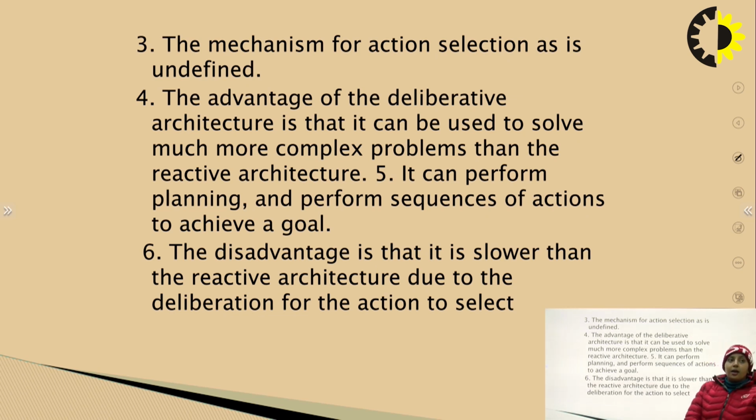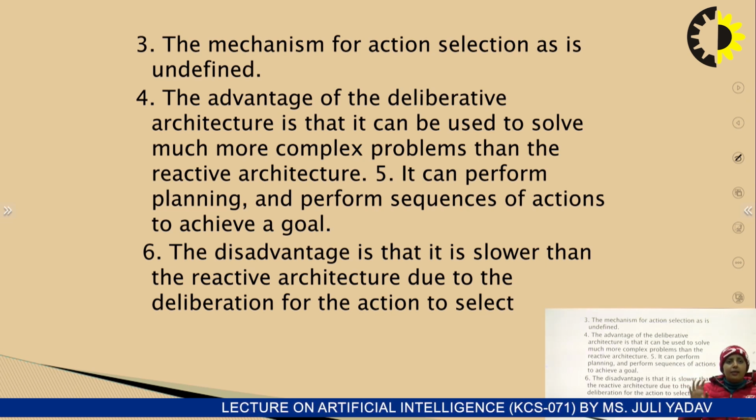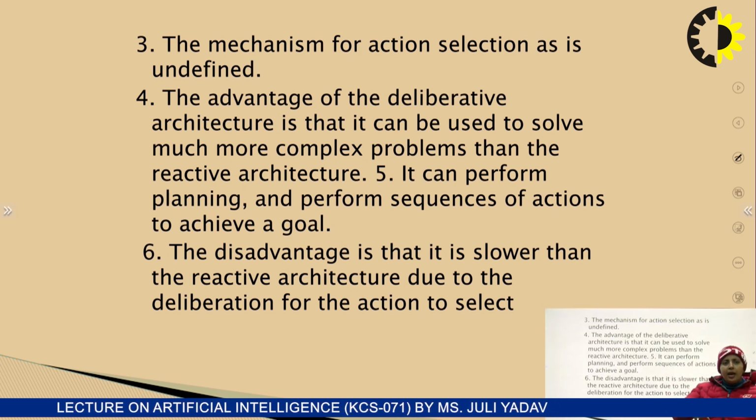The advantage of the deliberative architecture is that it can be used to solve much more complex problems than the reactive architecture, as the reactive architecture cannot solve more complex problems. For example, if there is a bomb placed in front of us and the agent is based on reactive architecture, what does it do? If something is in front of me, it maps with its memory, and the action is either to pick it or throw it somewhere, right?